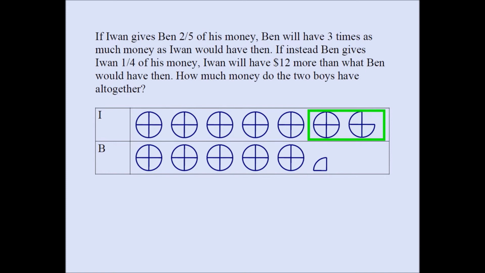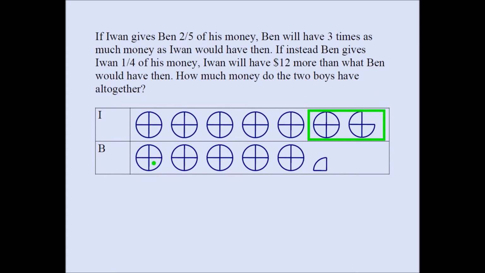Now, Ivan has altogether, let's see how many quarters he has. Ivan has 4, 8, 12, 16, 20, 24, plus 3, 27 quarters.